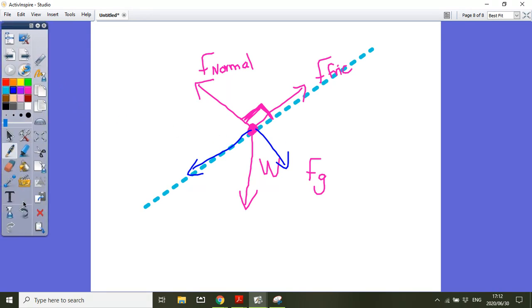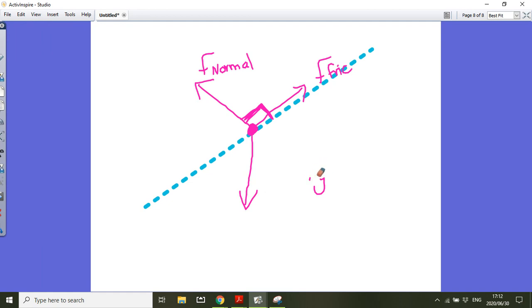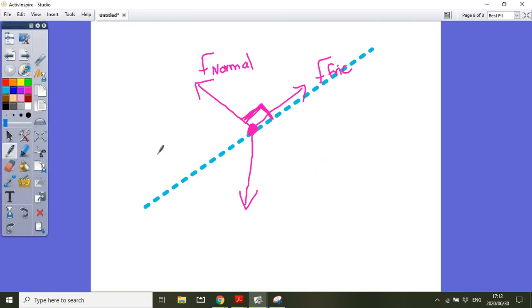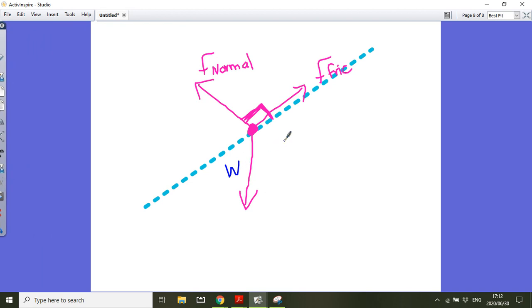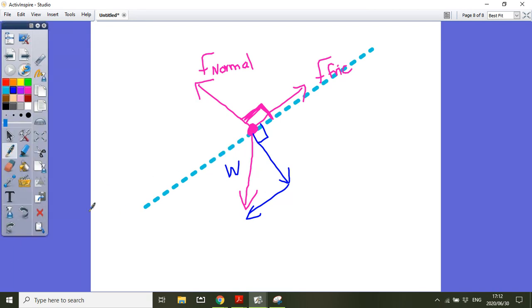What's way better is if you draw them as a little triangle, so that you can use your trig better. So I'm just going to move this to the other side there. If that's my weight, it has a component that pushes it onto the floor, that is perpendicular to the surface. And then the weight also has a component that would make it slide down, which you could have drawn there, it's parallel to the surface. But the reason why we draw it there is because this triangle helps us.